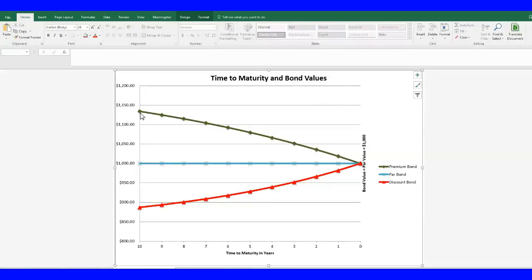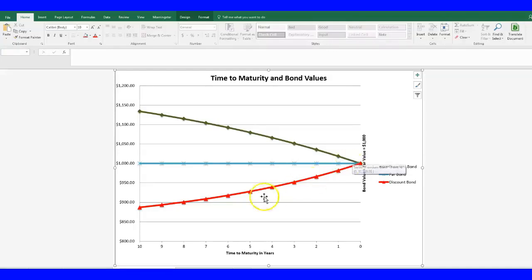So if I purchase this bond, I'm getting 10% when everybody else in the market is getting 8%. However, that effect becomes less and less over time, so one way of thinking about it is right before maturity, it really doesn't matter too much what interest rates are if we don't have much time to maturity.